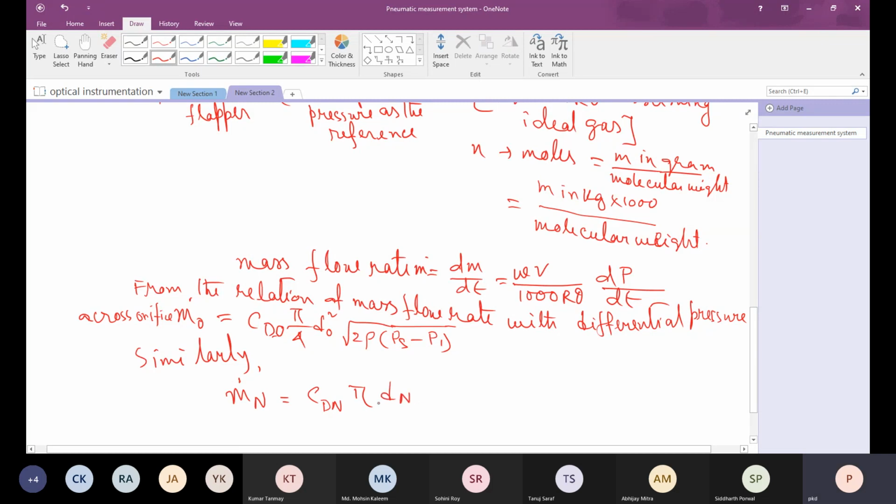Nozzle usually, instead of this pi by 4 d0 square, here it is pi dn, the diameter of the nozzle, into x, the distance also comes into picture, and similar to that we have 2 rho.